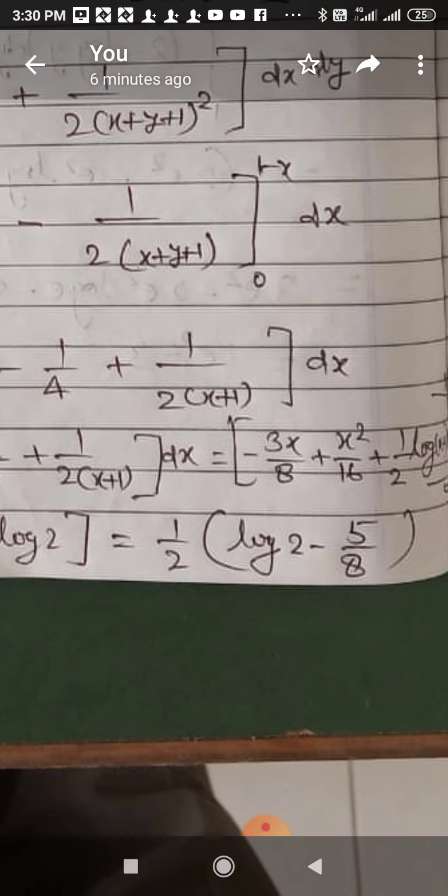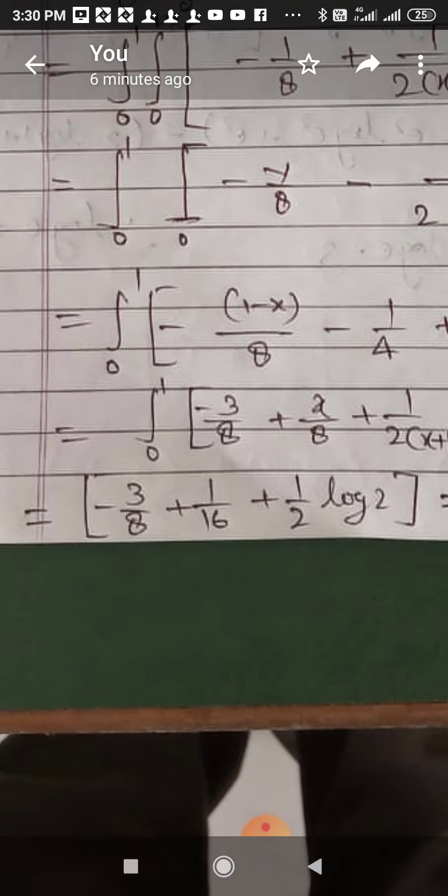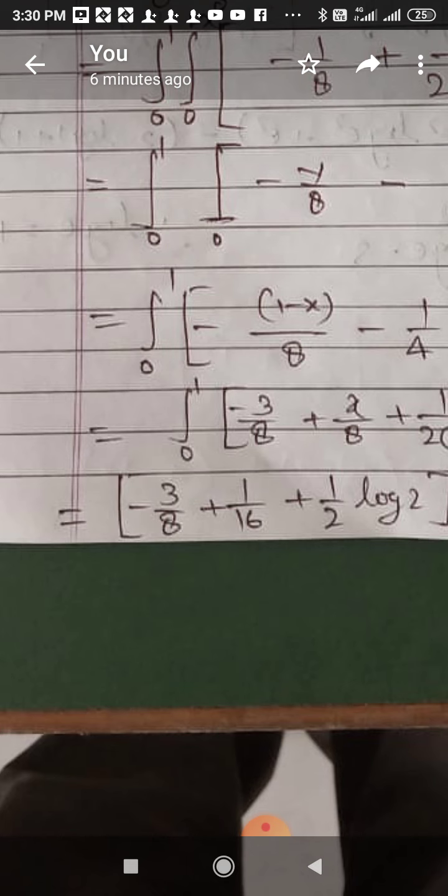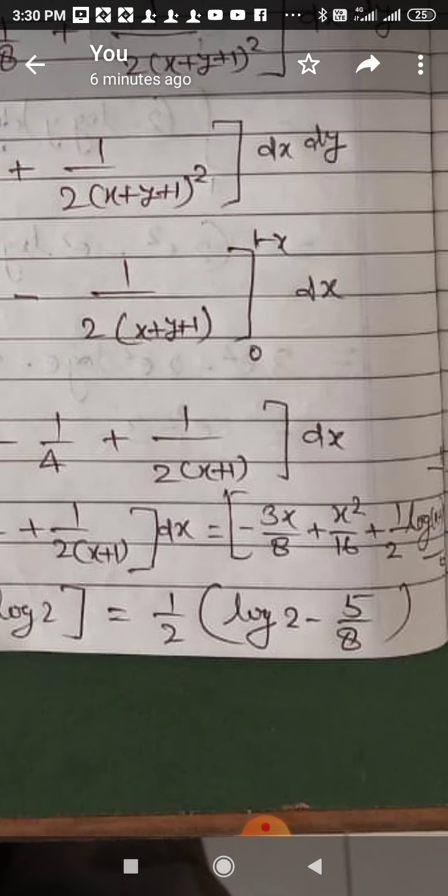So 1 upon 2 log 2, and the numerical value minus 3 upon 8 plus 1 upon 16 added gives minus 5 upon 8. So the final answer will be 1 upon 2 log 2 minus 5 upon 8.